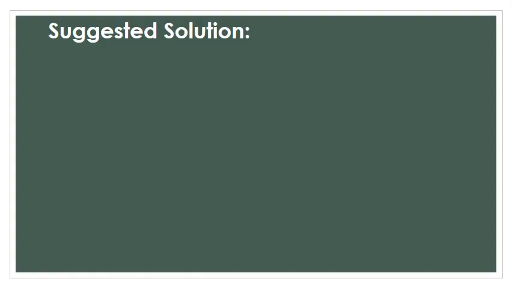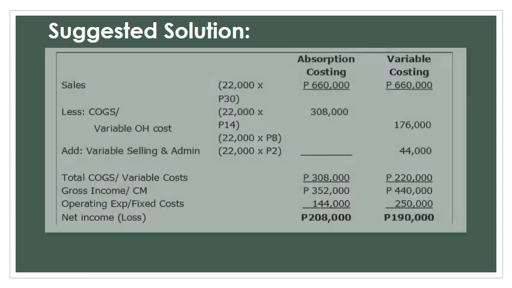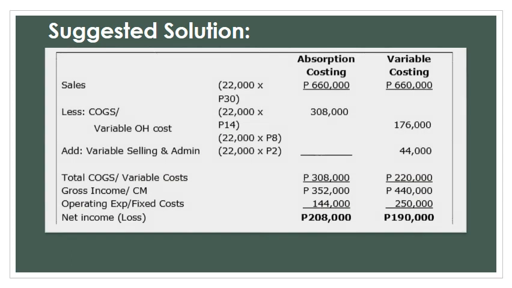Solution para sa net income under the two methods are here. So, we have total sales of 660,000 pesos. So, pinagsama na natin sa isang formula, absorption and variable. Less the cost of goods sold. Ang cost of goods sold ay under ng absorption costing.